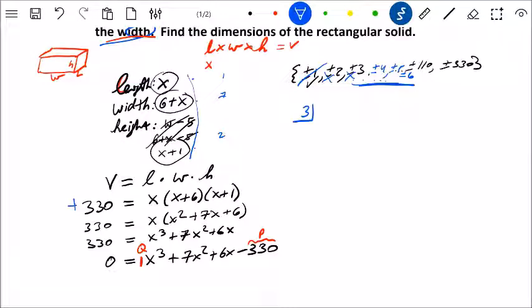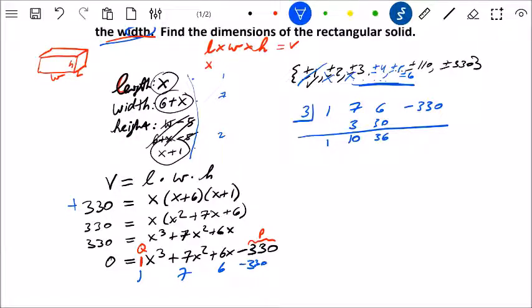So if I do synthetic division with a 3, I have the coefficients of 1, 7, 6, and negative 330. Bring the 1 down, multiply, add it to make 10, multiply it to make 30, 36. 3 times 36 is 108. That does not make 0. I don't even know what it comes to, but it doesn't matter. It means this one's no good.